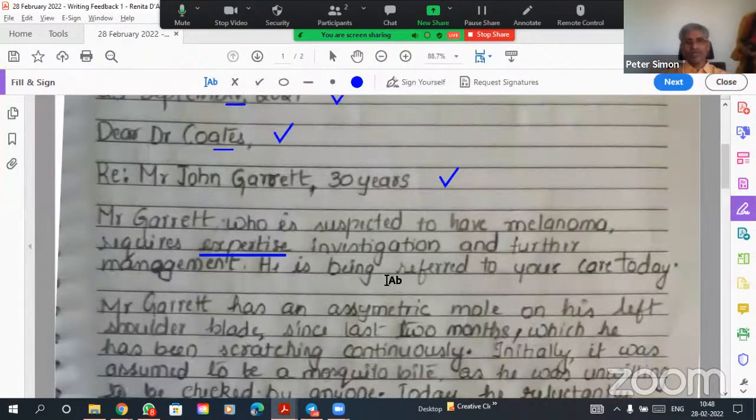Use evaluation, further evaluation, further examination, assessment. You can use the word assessment.